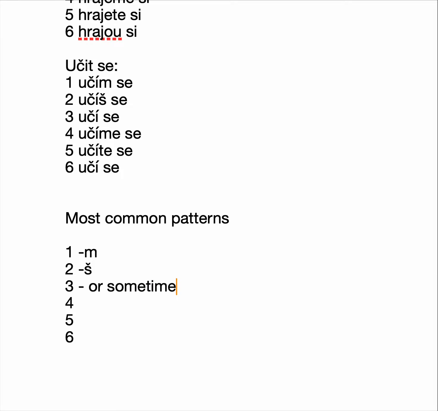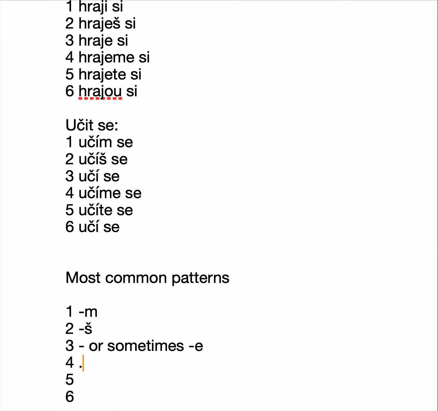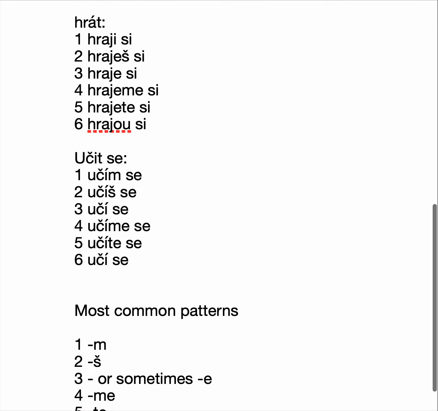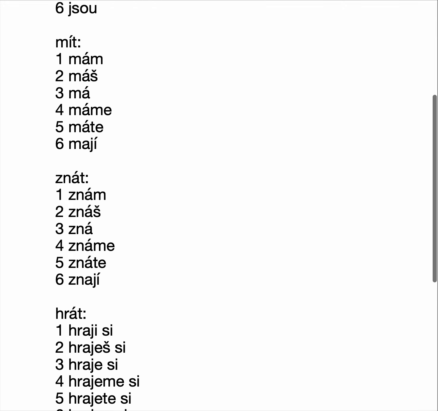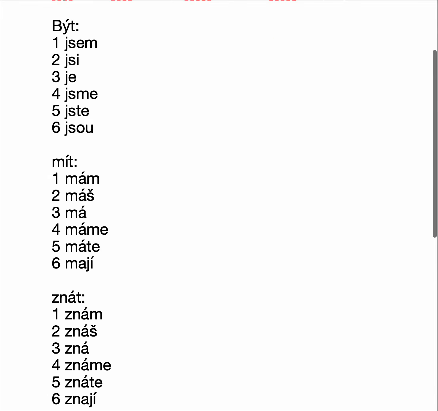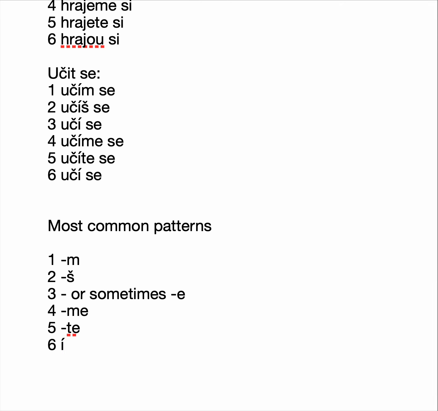Then the first person plural is me, very commonly. The second person plural is te, and e or o is very common for third person plural.